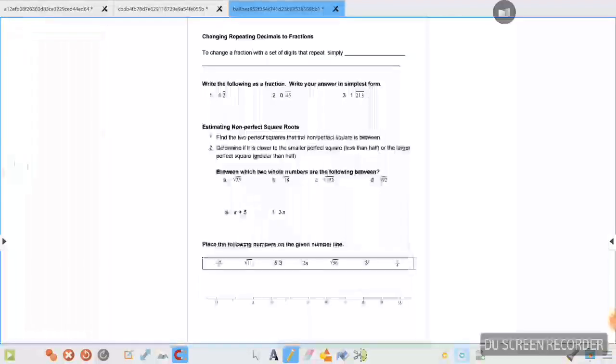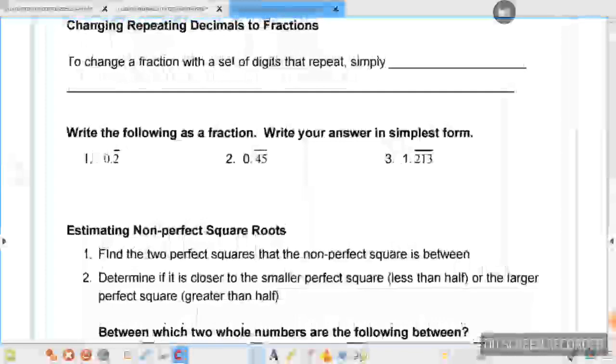All right, turn it over to the back. Repeating fractions into decimals.